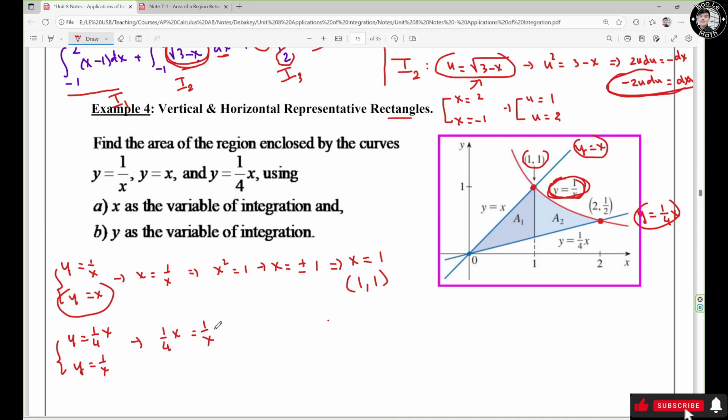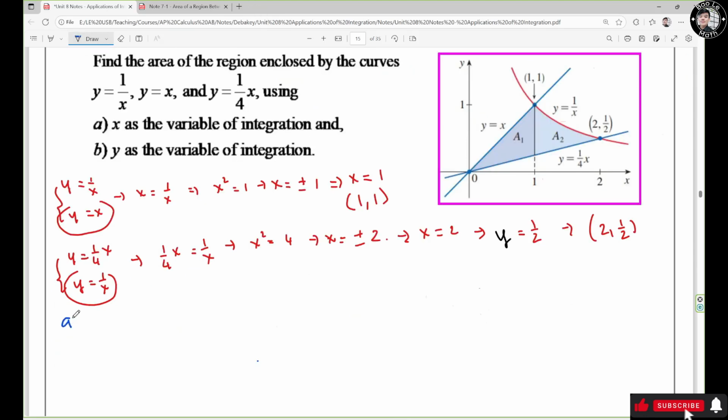Now cross multiply, so s squared equals 4, then s equals plus and minus 2. So we only take s equals 2 because it's on the right of the y-axis. Then substitute 2 for s into this one right here. So y equals 1/2. That's why you have the point 2, 1/2 right here.